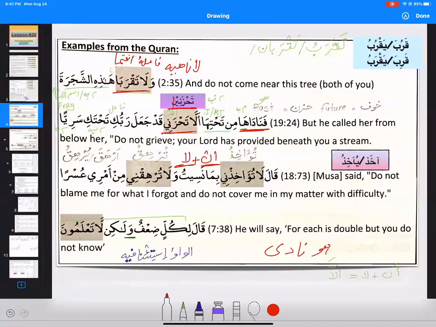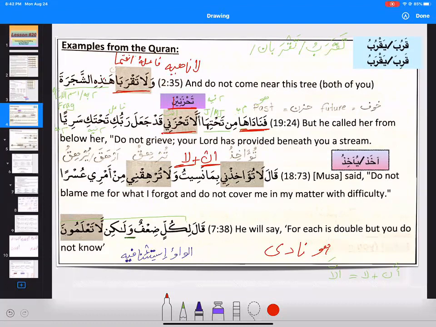Like tazhabi, we just did tahzani. So Alla tahzani, this is anti. So you do not grieve or worry. قَدْ جَعَلَ رَبُّكِ تَحْتَكِ سَرِيًّا. Certainly, your Rabb has placed beneath you a stream. He provided you a stream.